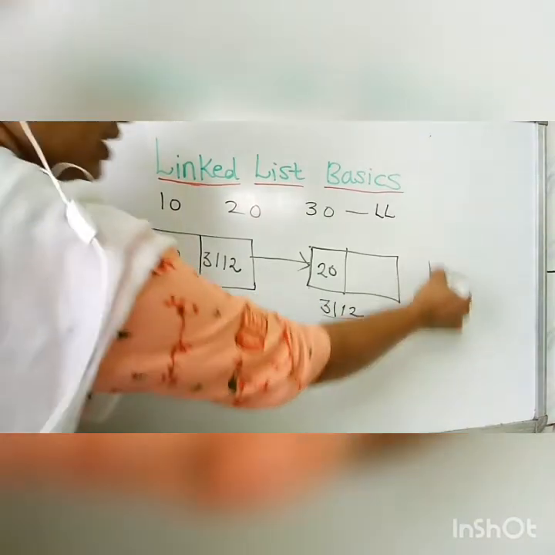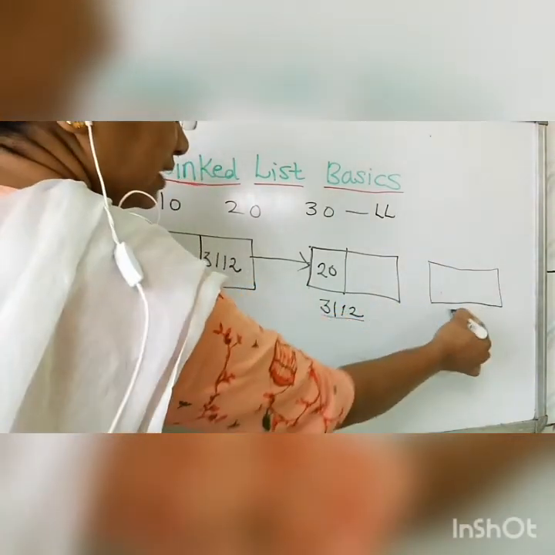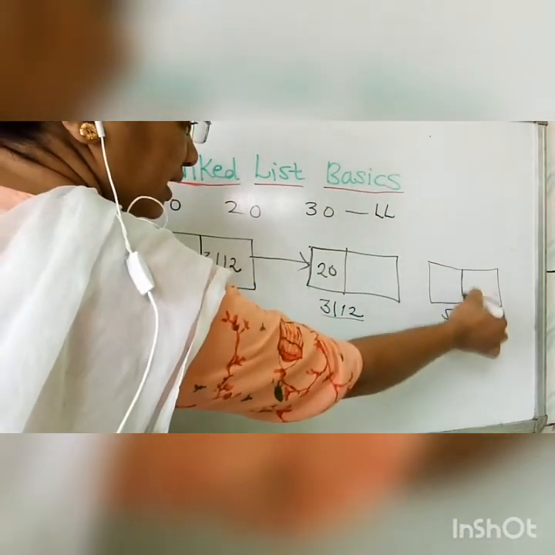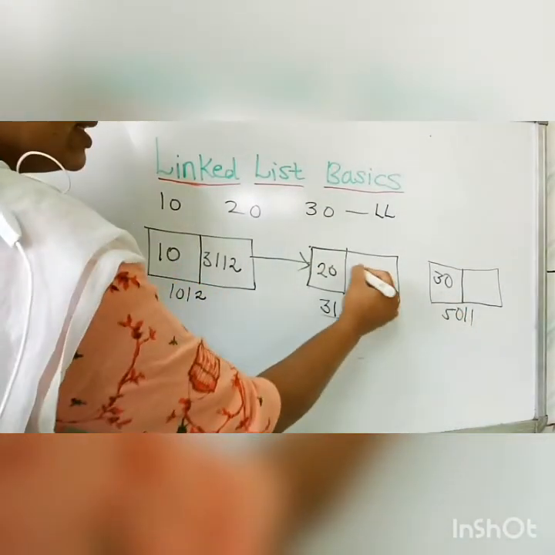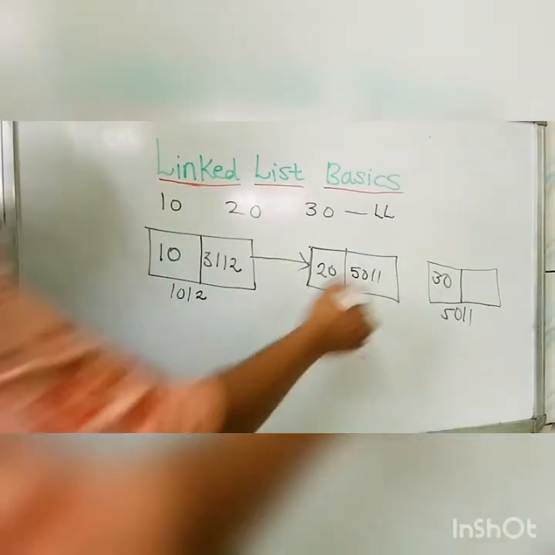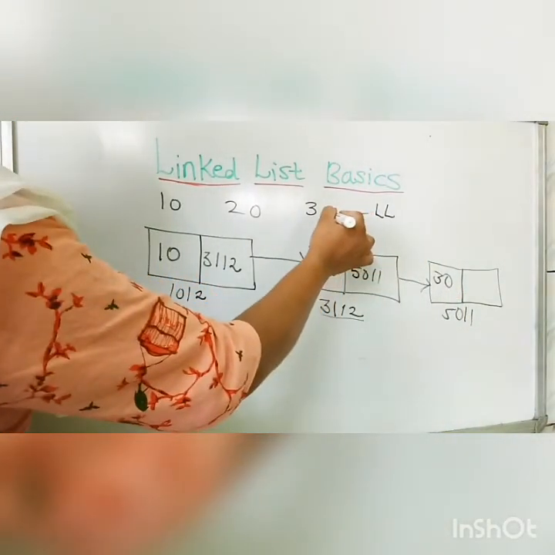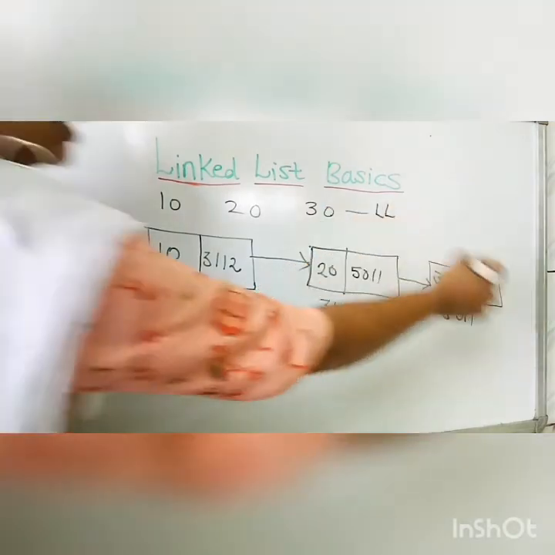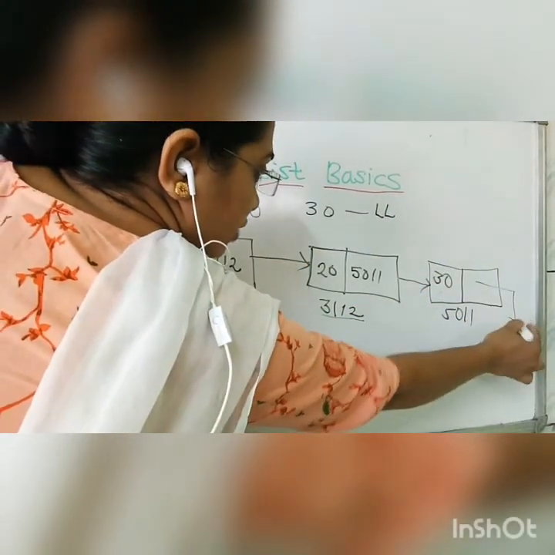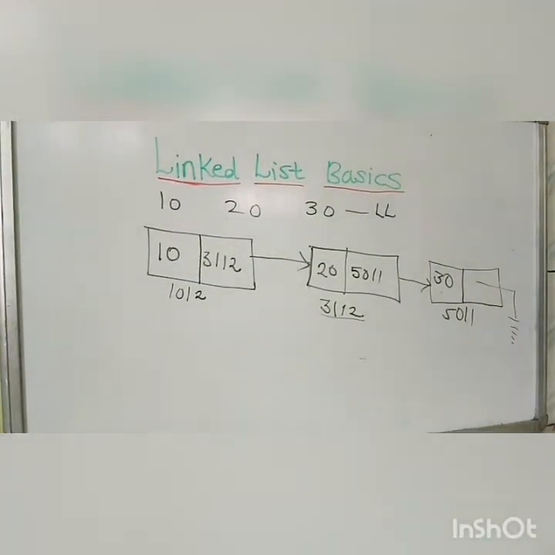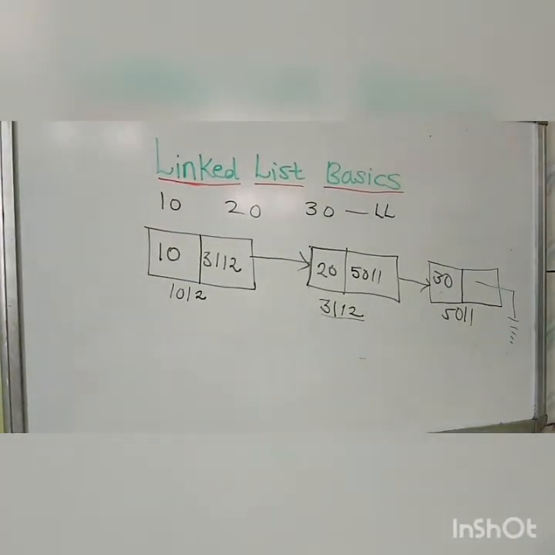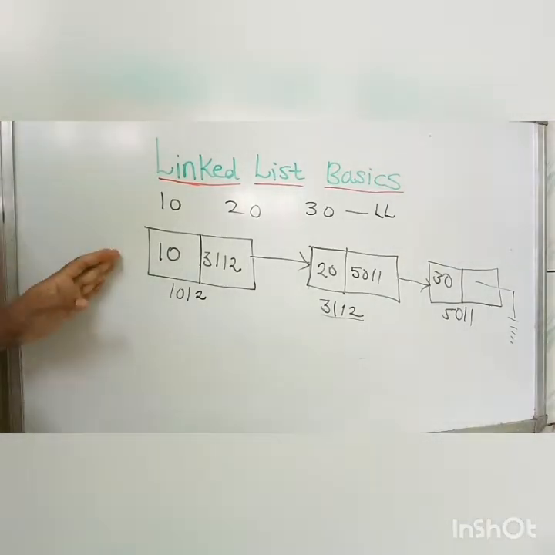Suppose we get the next data element at memory location 5011. Then we will store 30 here, place 5011 in this compartment, and link it. As we see here, this is the end of the linked list. Then we will ground it, means here our linked list is over, there are no more data elements. So this is the mechanism of a linked list.